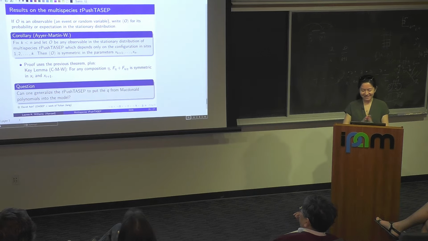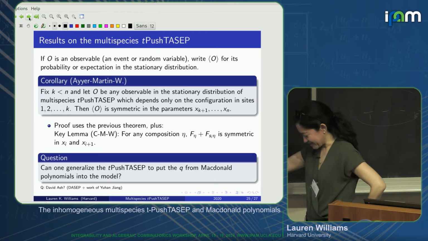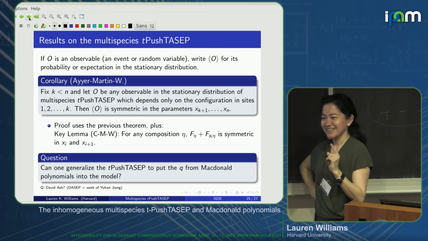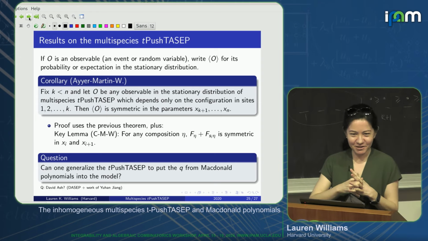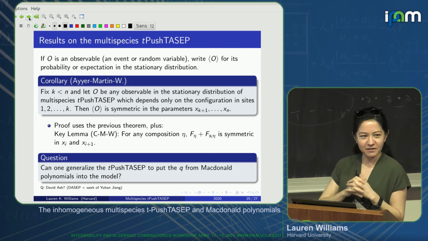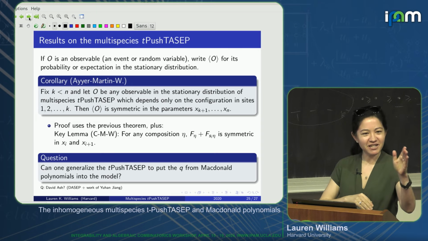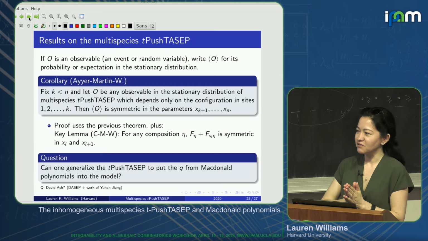Okay, and now I just wanted to take advantage of having people here. There's a variant of ASEP called the doubly asymmetric simple exclusion process, introduced by someone named David Ash, which Yuhan Zhang has been working on. We've seen this one paper of David Ash, and we do not know who David Ash is.